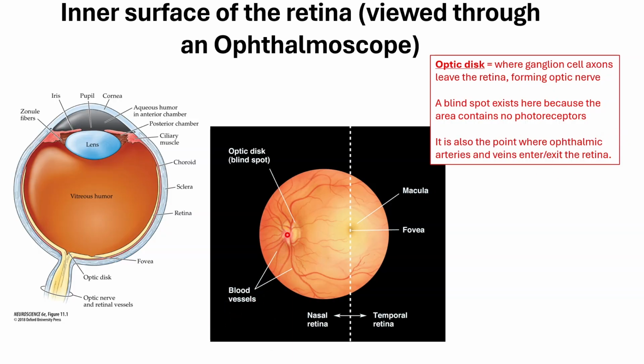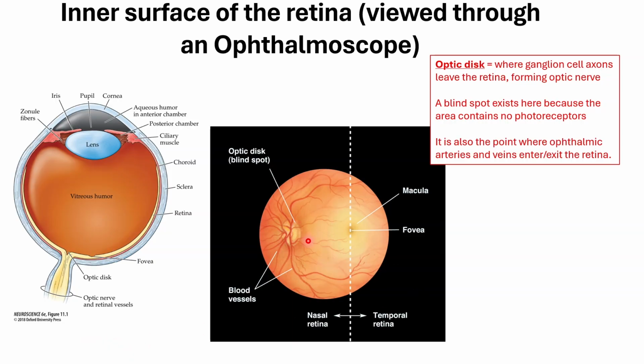But the reason why we have a gap there is because we have all these retinal ganglion cells that are on the outer surface, and they have to carry that information out of the eye, and that has to be carried through the eye in the back to the optic nerve, and that passes through the optic disc. And you can't have photoreceptors there because you have to have a hole where the nerves can pass through, and that's what that is. So there's a hole in the back of the retina.